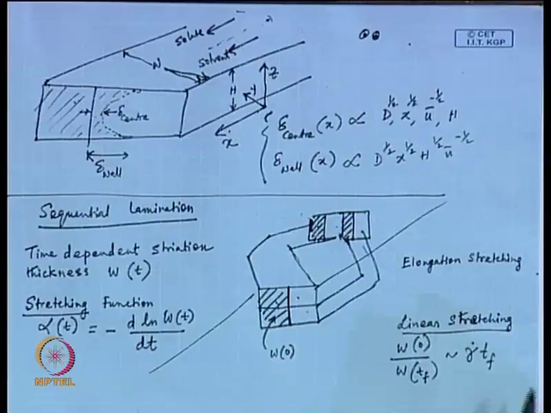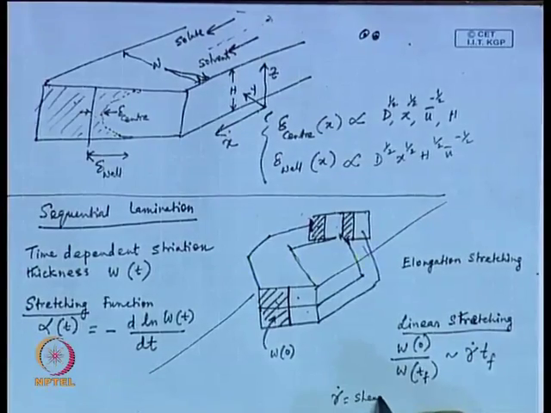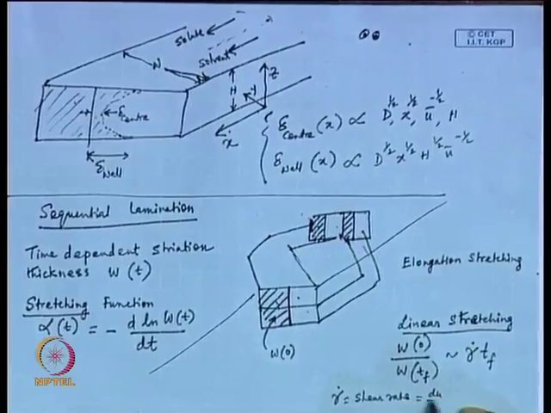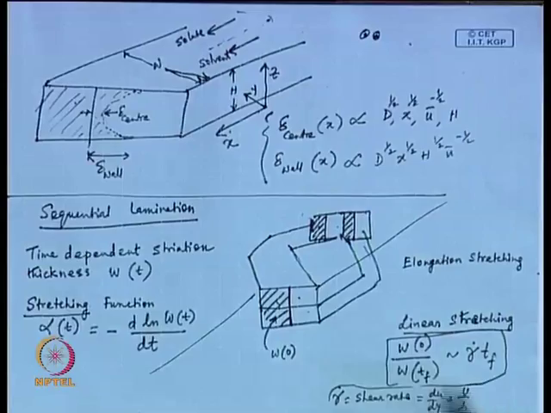What is gamma dot? Gamma dot is the shear rate, equal to du dy, which is equal to u by h. These are various forms we have. So, this is called the linear stretching.